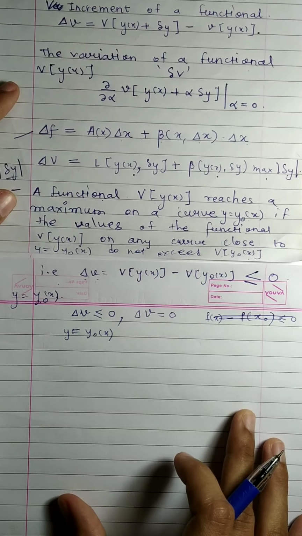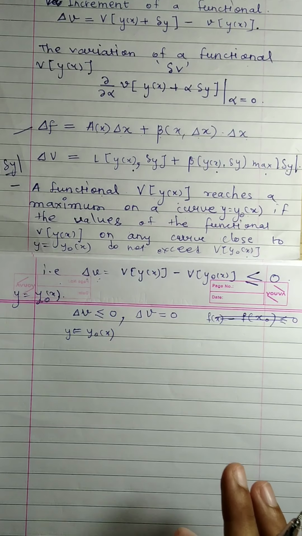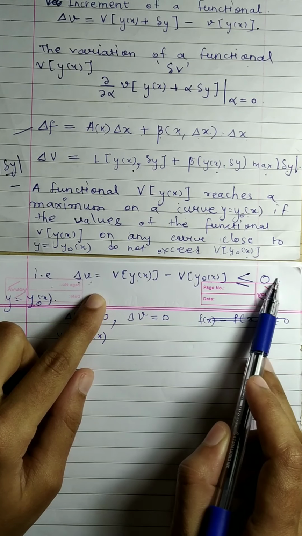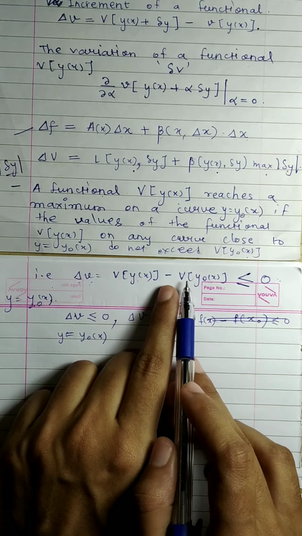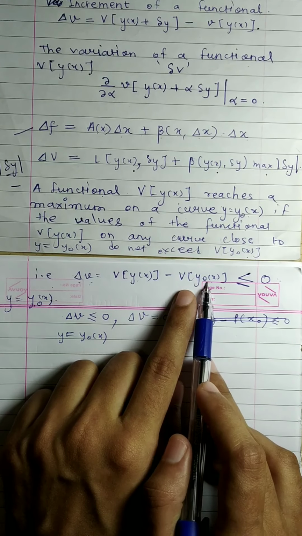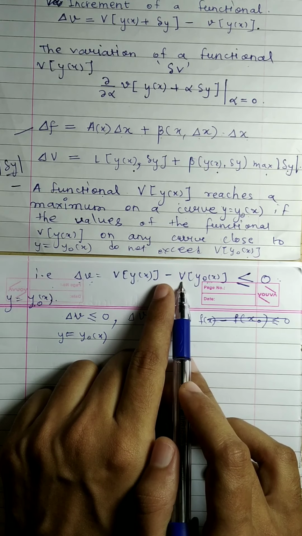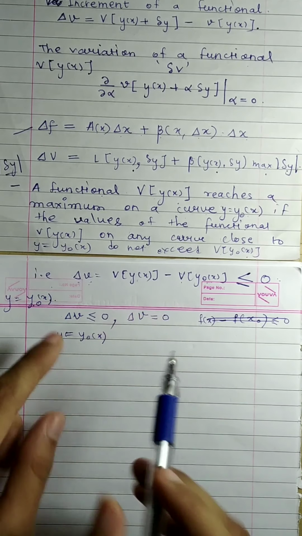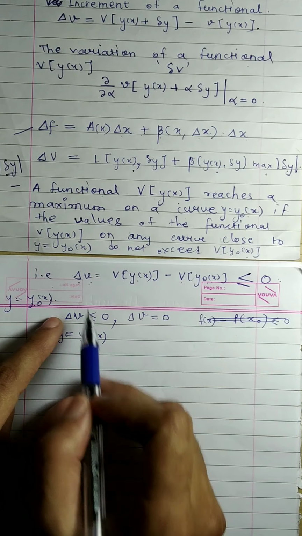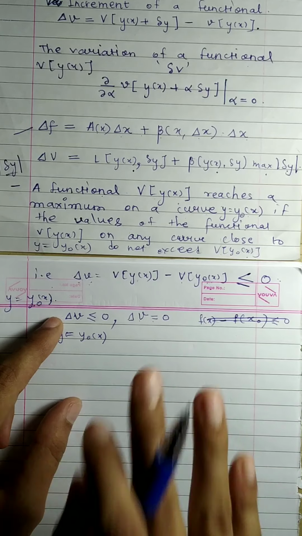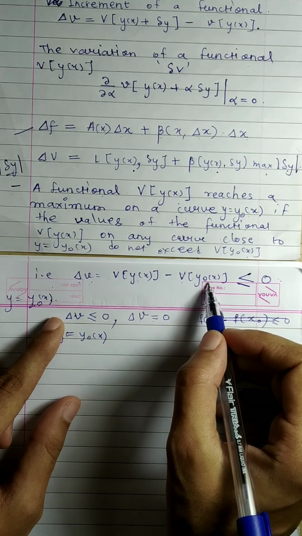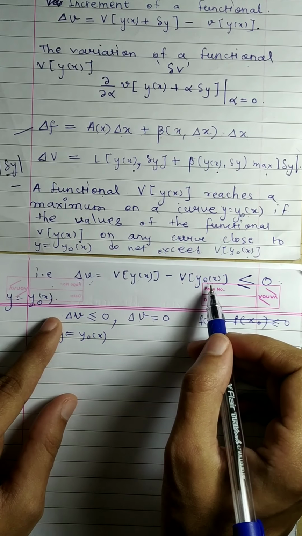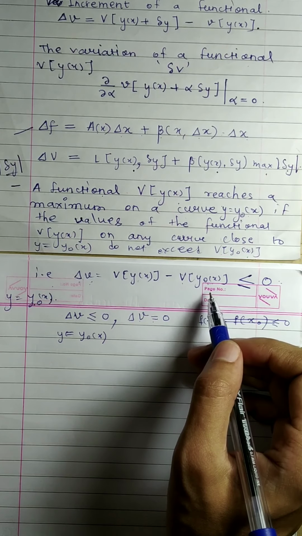So if delta v is less than or equal to 0, we say that at y naught of x the functional v[y(x)] reaches the maximum. But if it is less than 0, and equal to 0 only at y naught, then we say that at y naught v has a strict maximum.